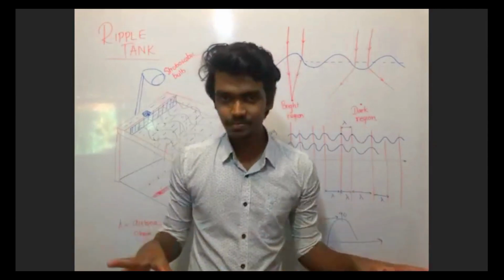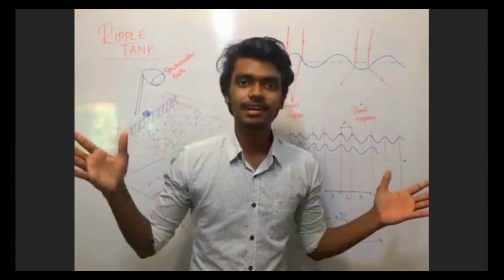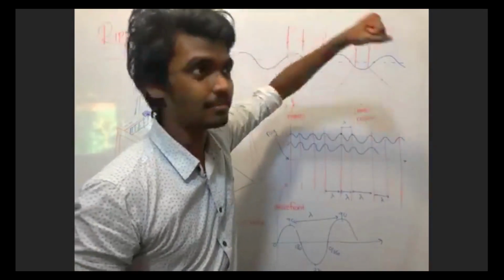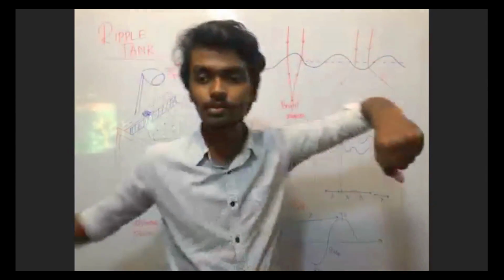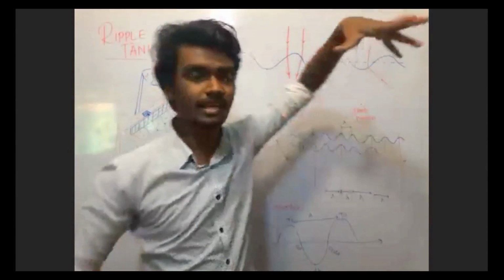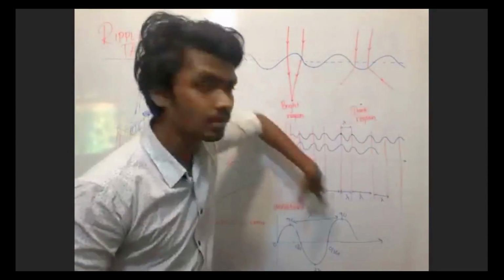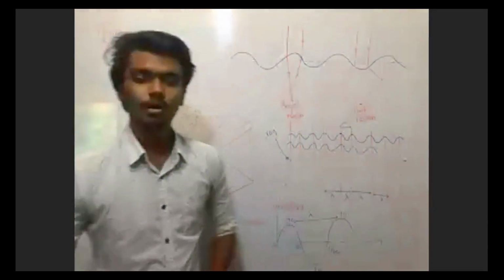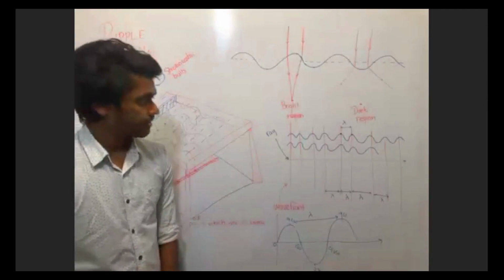If you did not understand the concept, just remember what you're doing is, by your stroboscopic bulb, you are making the frequency of the stroboscopic bulb equal to the frequency of the vibrator. So in that case, you can make this look like it's still. All right, so this is understood.